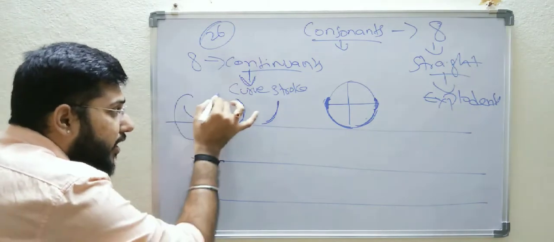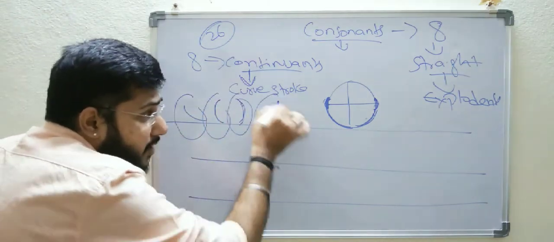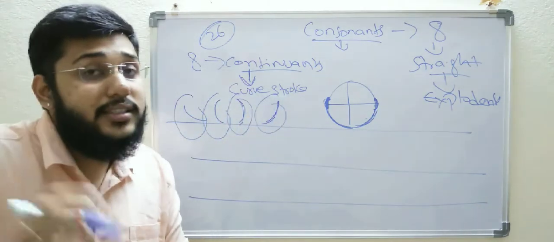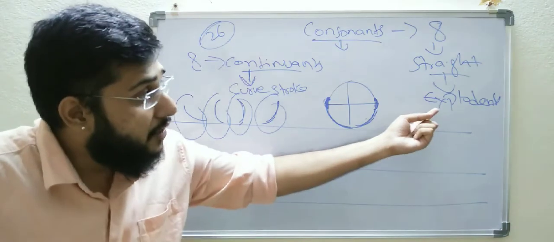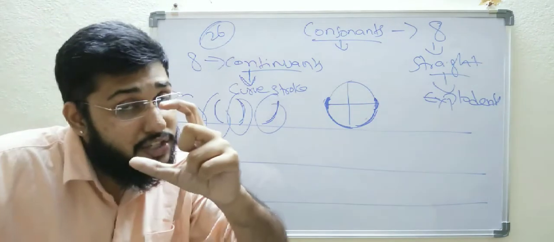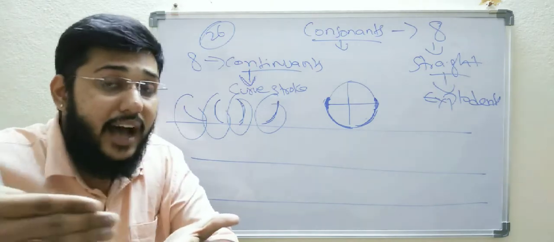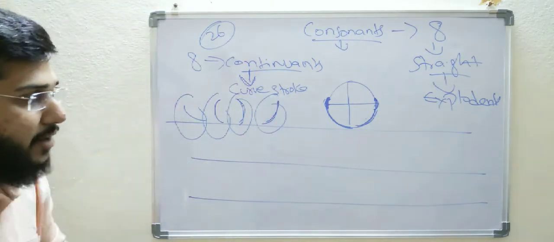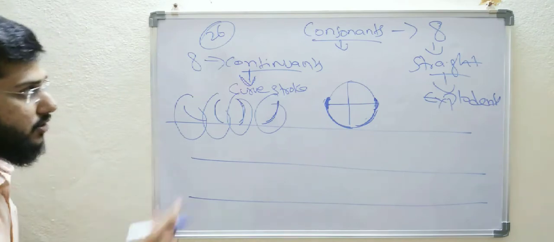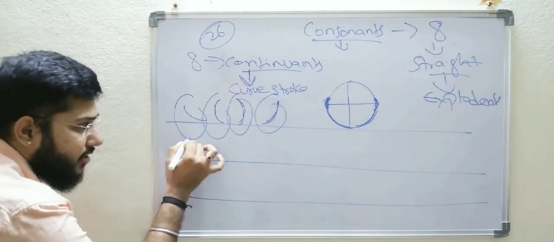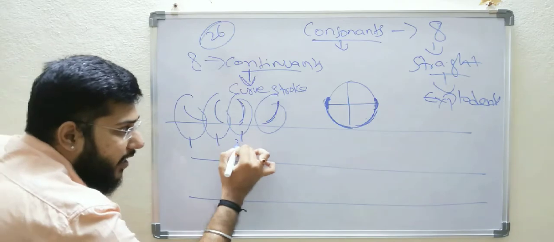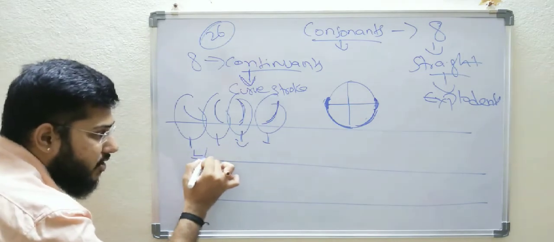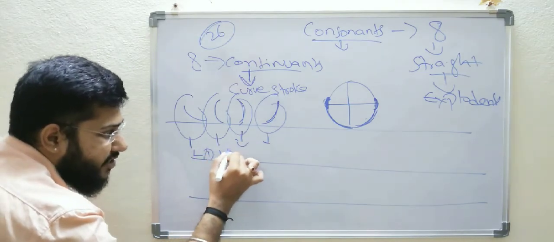Do you all remember in the very first session, when we discussed the first 8 strokes, each stroke was divided into light, dark, light, dark. The same concept will be applied for the next 8 strokes also. So each stroke will be divided into light stroke, dark stroke, light stroke, dark stroke.